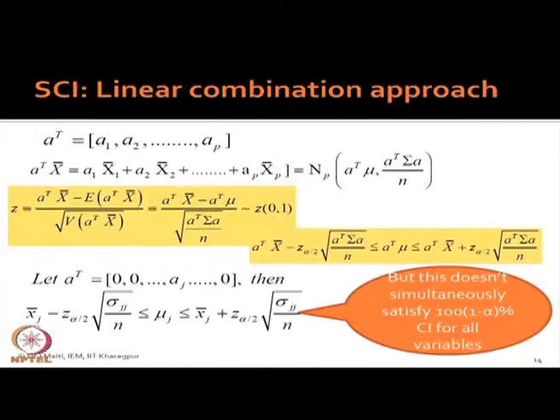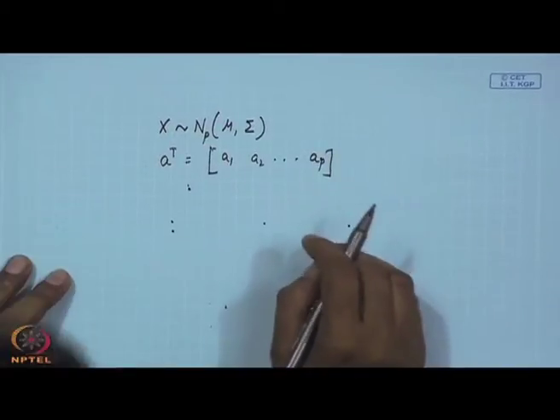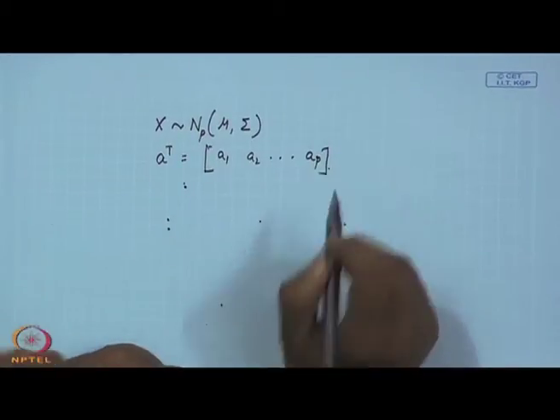What is this linear combination approach? Let me give you the basic idea here, and then you will be able to compute on your own. If X is multivariate normal, and let A transpose be some constants A1, A2, up to AP.